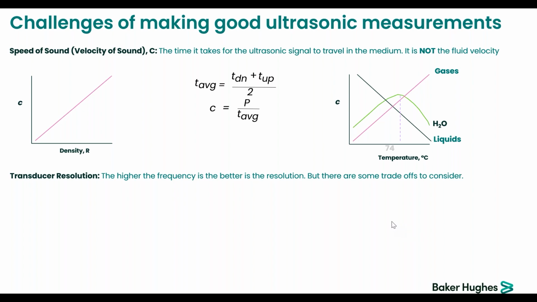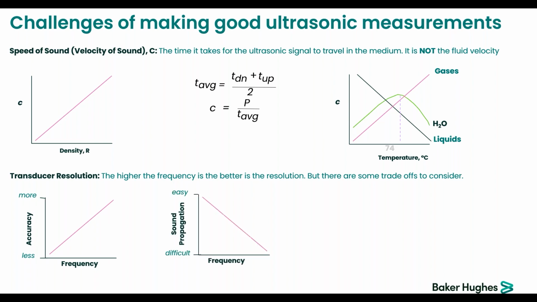Sorry for that. So in an ideal world, we would like to have the highest possible frequency, because high frequency means that you sample a lot. By sampling a lot, you have a very good accuracy. But because the sound doesn't propagate very well on long distances or with difficult environments, we need to do a trade-off. So high frequency helps with accuracy, but sound propagation is impacted by frequency.